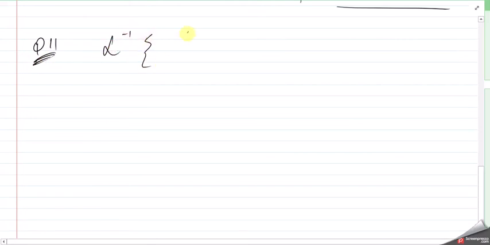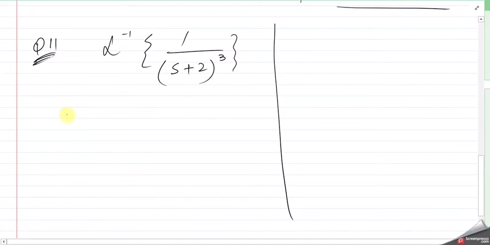Laplace inverse of 1 over (s plus 2) cube. Okay, so first we have to change s plus 2 to s. Okay, s plus 2 will become s, so this will become 1 over s cube, and then we write, what is the answer for 1 over s cube?